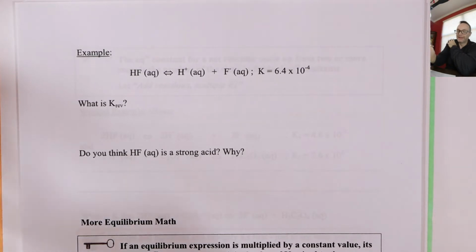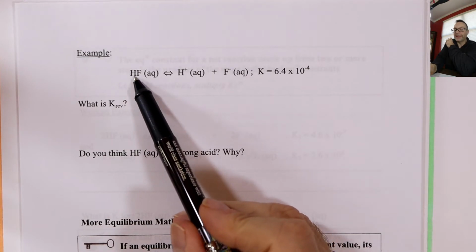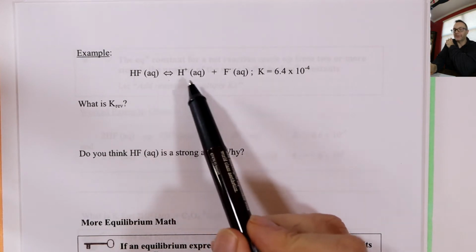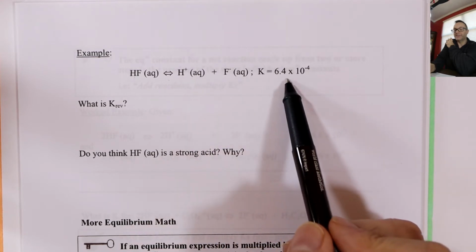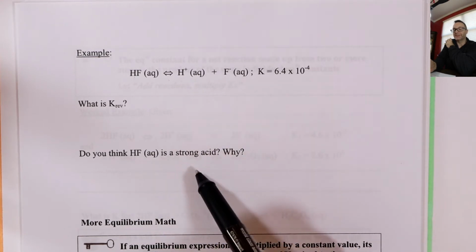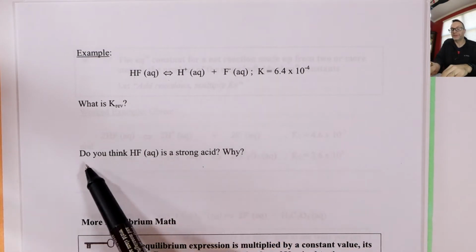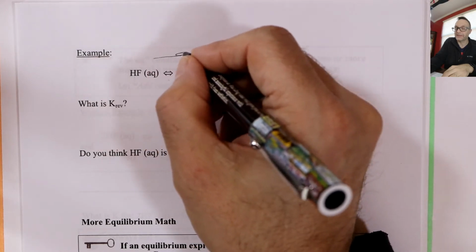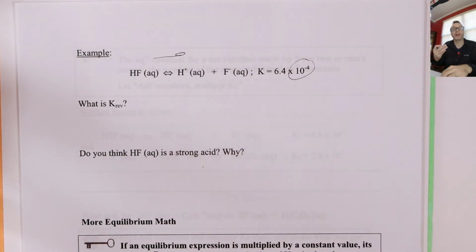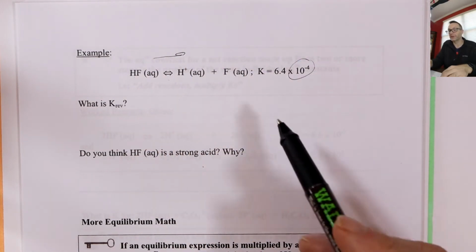When I look here, HF, when it dissociates to make H plus, which is what's responsible for acidic behavior, K is super, super small. So let's answer this question first: do you think HF is a strong acid, yes or no? Well, K for that direction is a small number, less than 1, 0.00064.